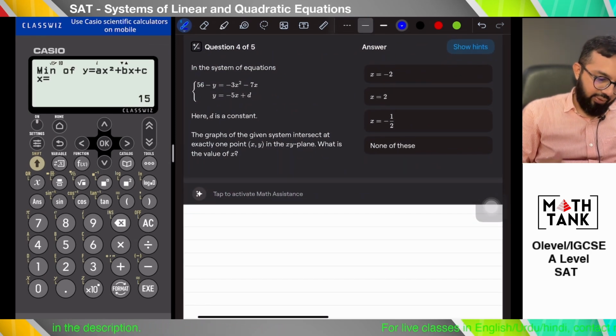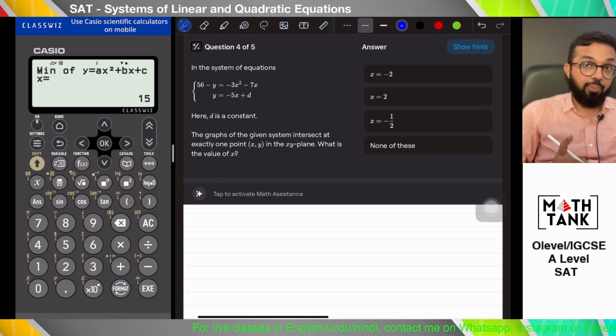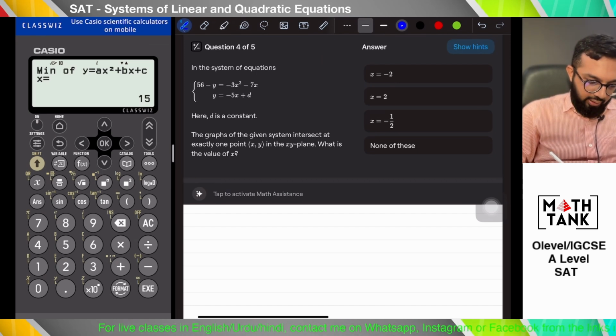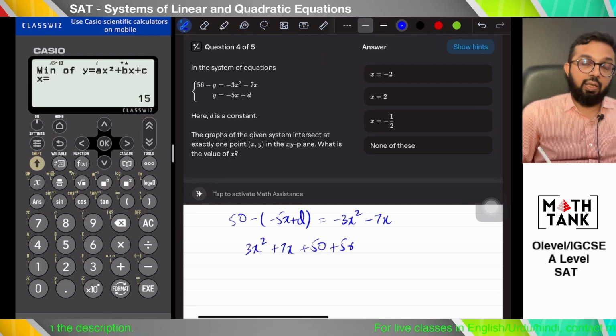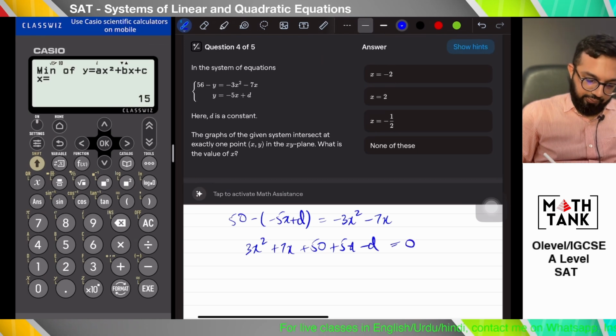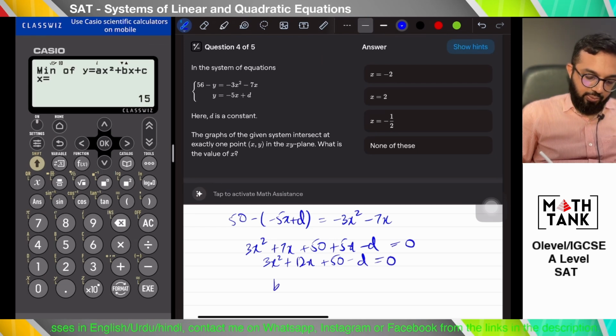It says in the system of equations this, where d is a constant, the graphs intersect at exactly 1 point. So that means one real root. Okay, so let's just substitute. I'm going to use the other equation here and then try to solve this. So I get 3x squared plus 7x plus 50 plus 5x minus 2. So b squared minus 4ac equals 0.